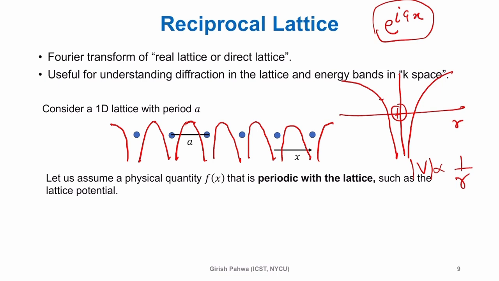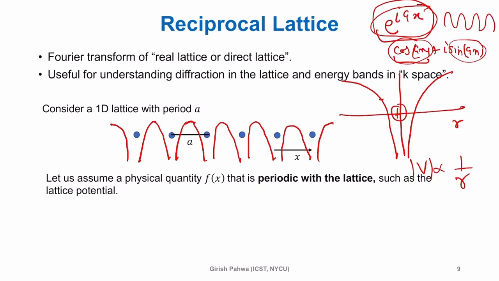What is this? e to the power iota gx is cos of gx plus iota sine of gx. If you want to represent only through a real function, that is cos gx, but in general we can also say that this represents a plane wave. It has this periodic part, but it's a complex number, e to the power iota gx. Plane wave means something which is oscillating. Okay?